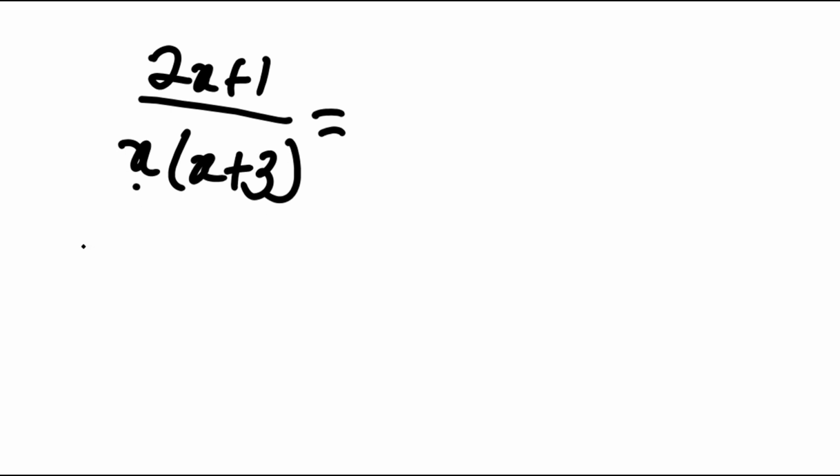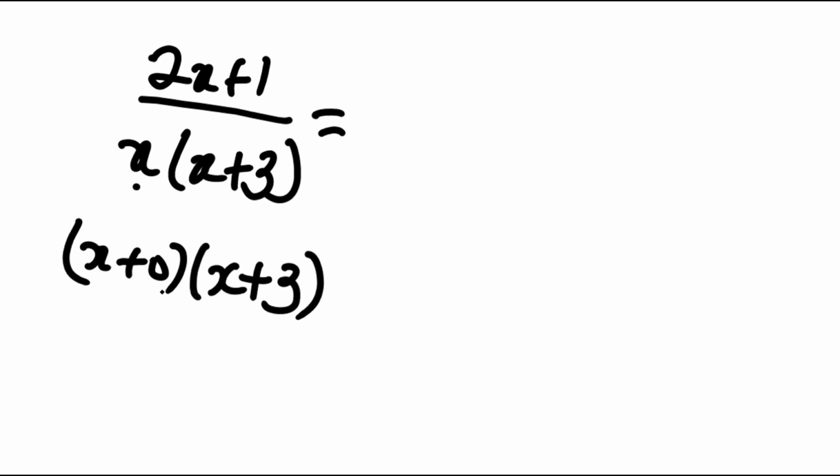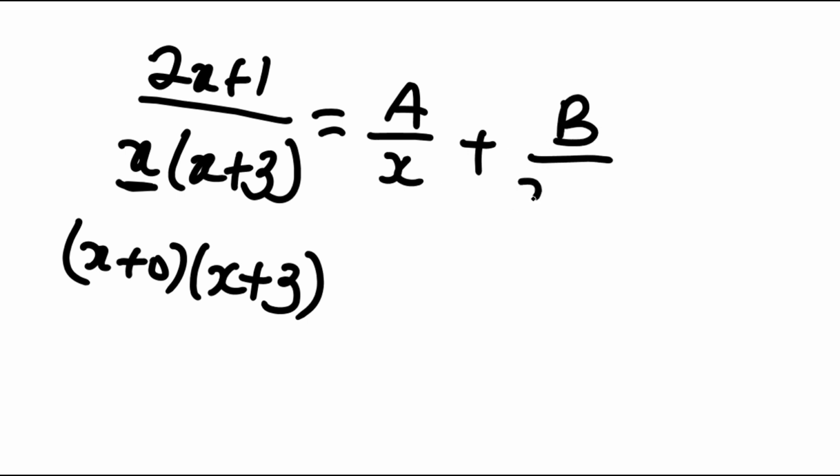This x alone can be written as x plus 0 multiplying x plus 3. So if you see it standing alone, it is the same as x plus 0, and it is a simple linear factor. So that's going to be A over x, because that's the factor, plus B over the second factor, x plus 3. So this is how to write the various rational functions with linear factors.